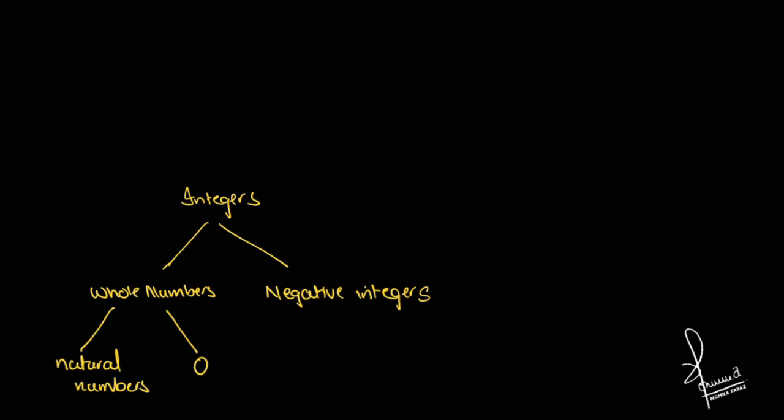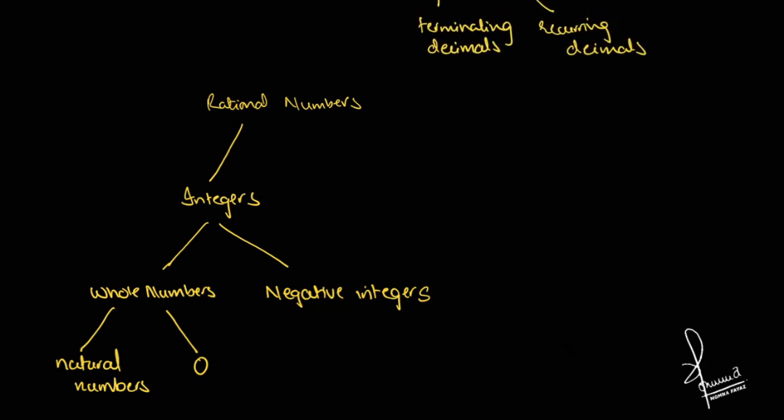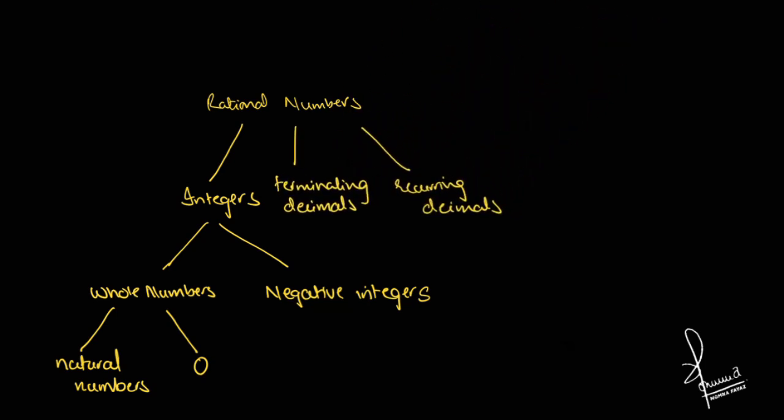Then we talked about how integers are themselves rational numbers, meaning all integers are rational numbers. So rational numbers is a bigger set than integers. It includes integers, and also terminating decimals and recurring decimals. So now the biggest is rational. In rational numbers you have integers, your terminating decimals and your recurring decimals.